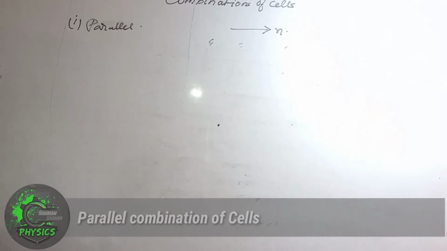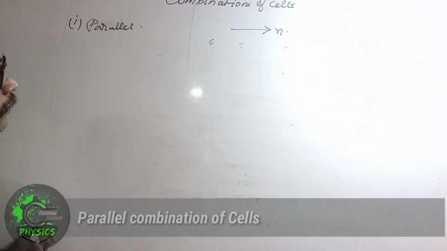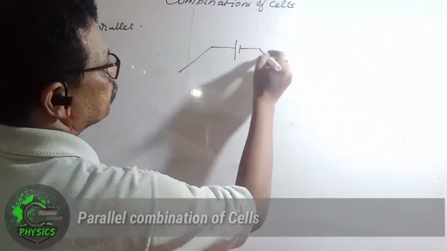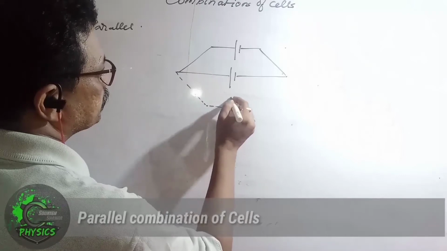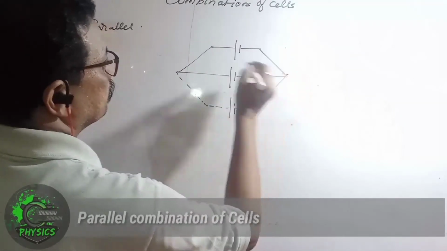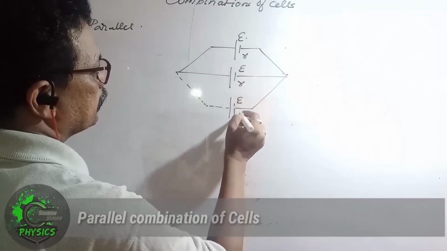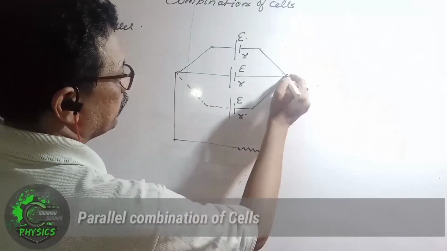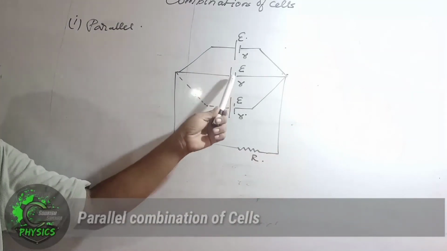In case of parallel combination, how do we connect the resistors? We connect the left ends of all the resistors together, and the right ends of all the resistors together. The same method we follow here. The positive terminals of all the cells are connected together. Let n cells be connected in parallel in this way, each cell of EMF E and internal resistance r, and these cells are connected across the external resistance capital R. Now, what will be the equivalent EMF in this case?